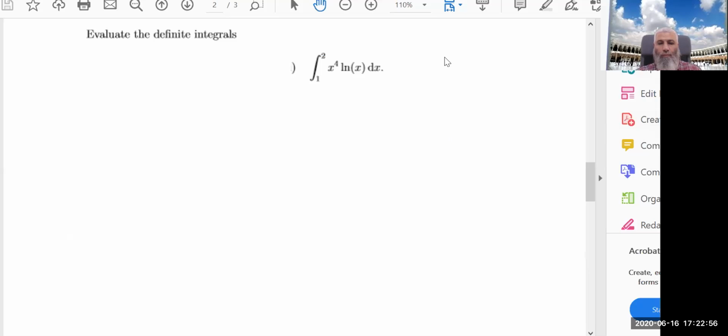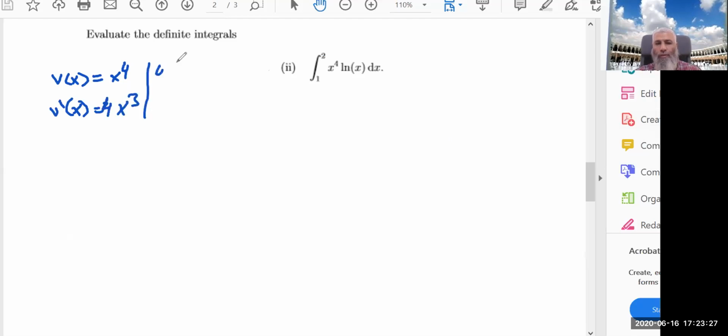We can use integration by parts here, yes? We can put x power 4 as dv(x) and ln x as u(x), right? V of x is x power 4, so v dash is 4x power 3.